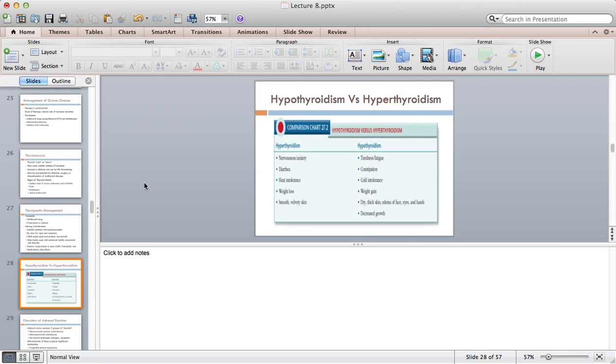Now, on the adrenal functions, the adrenal gland cortex will secrete steroids, and those steroids include the glucocorticosteroids, the cortisones, the aldosterone, and the sex steroids. These steroids are available to maintain the function of the body.